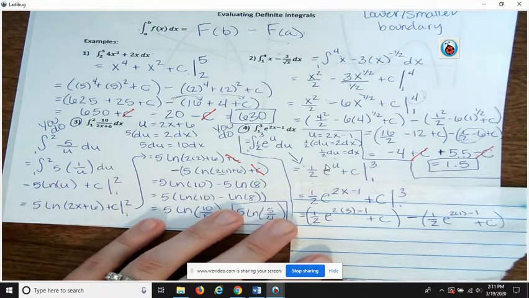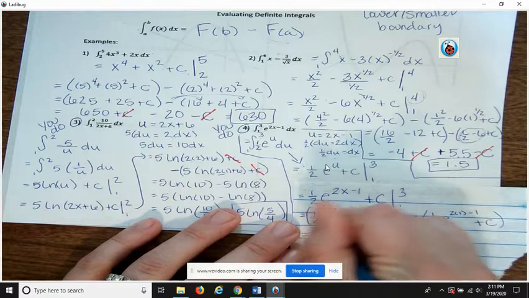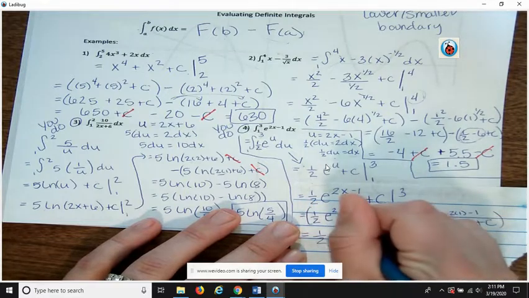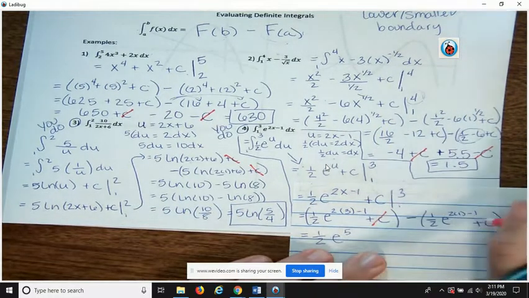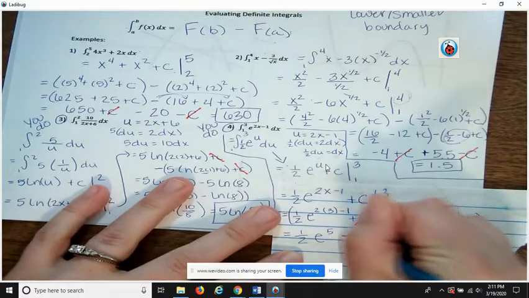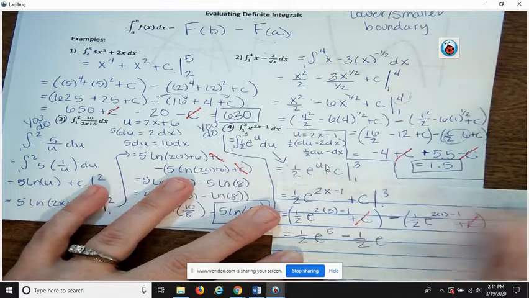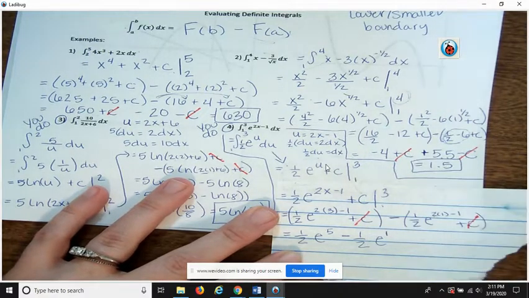Okay, so this is going to result in 1/2 e to the 5th. My c's are going to cancel out, so I'm going to go ahead and just get rid of them if that's okay to save space. And then minus 1/2 e, and then 2 times 1 is 2, minus 1 is going to be just 1, minus e to the first power.